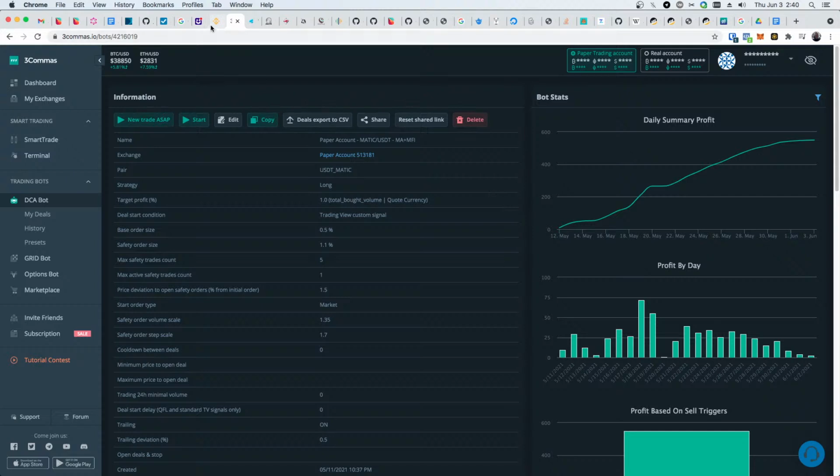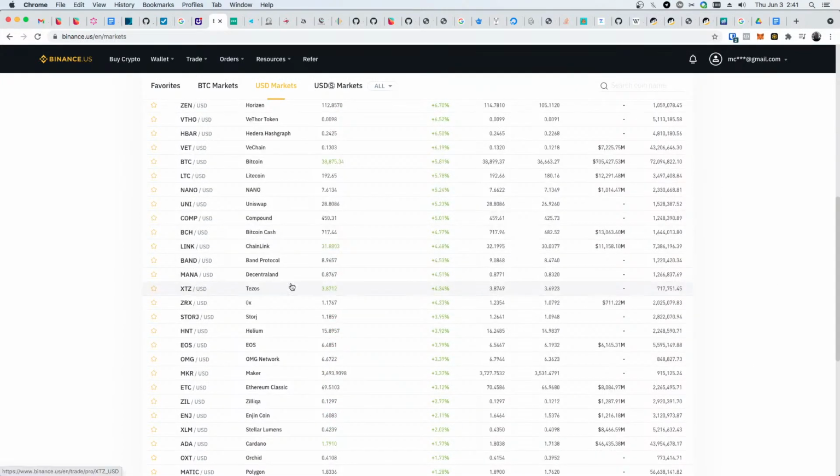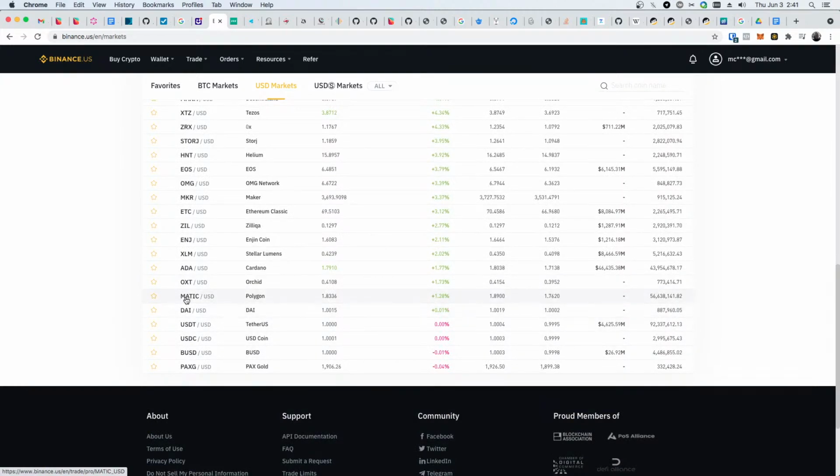So, what you may want to do, and you're going to want to babysit this every day, and have alerts set up and everything, so you're not going to want to fire off and forget this thing. So, what I do is I like Matic. Matic has been a bull run coin. A lot of people have been hyping it up, and it's just been hyping quite a bit.